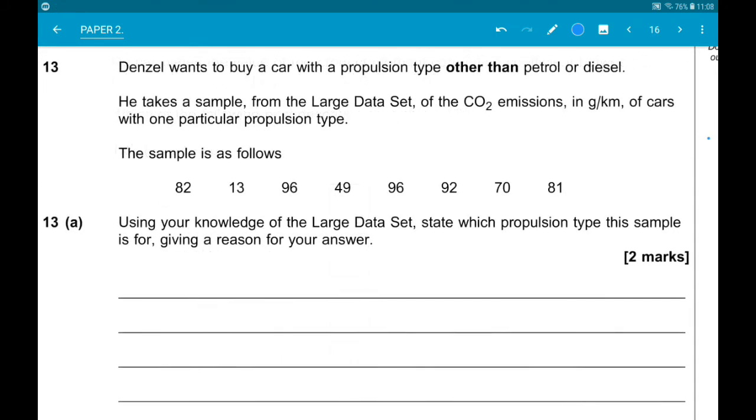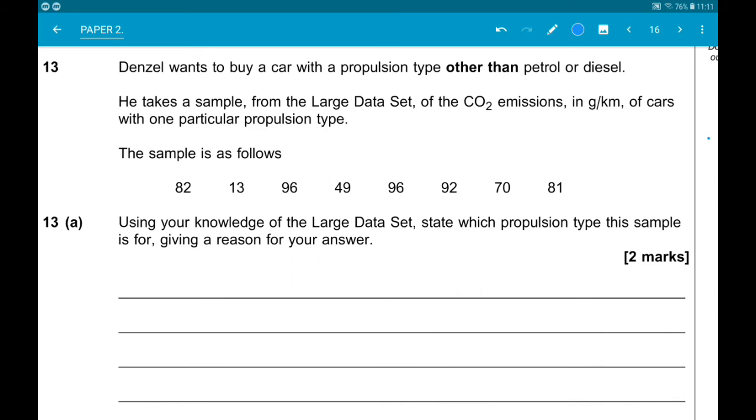Number 13. Denzel wants to buy a car with a particular type of propulsion other than petrol or diesel. He takes a sample from the large data set of CO2 emissions grams per kilometre for one particular type of propulsion.